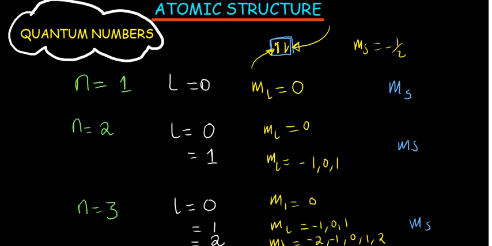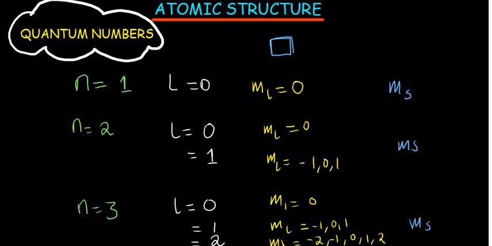We have talked of orbitals, and remember we have said the angular momentum quantum number describes the shape of the orbital. One thing that I've not told you is this. L, which is the angular momentum quantum number, describes the shape of the orbital.